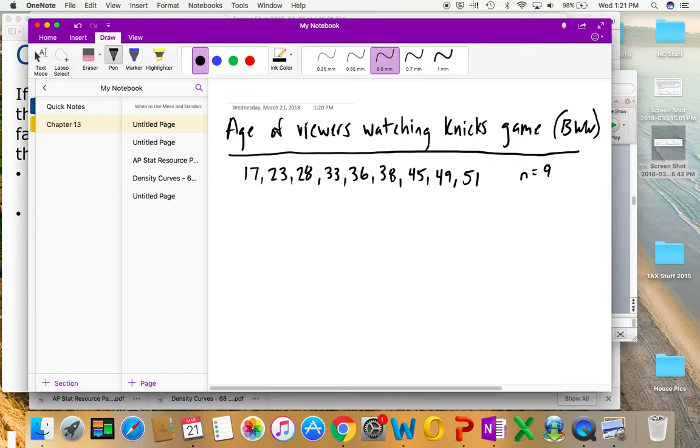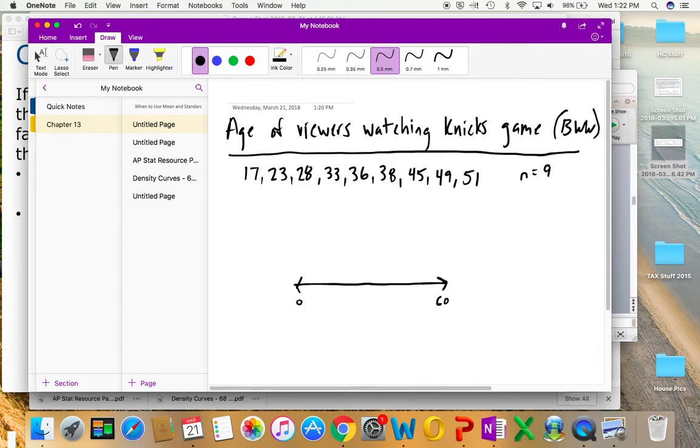If I wanted to make a very, very basic histogram based on this distribution, my range is going from 17 to 51, so roughly a range of about 30. For the sake of this, I'm going to make classes from 0 up to age 60.